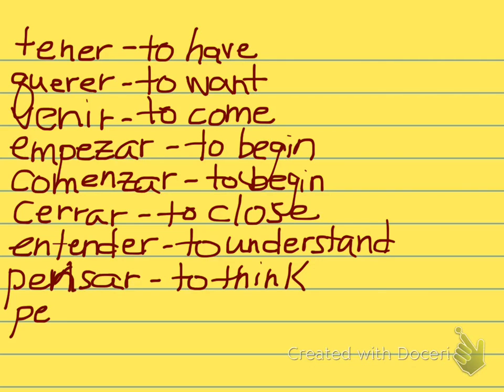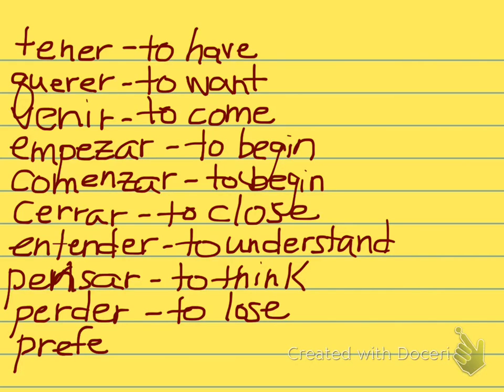Perder, to lose. Preferir, which is on your vocab sheet, to prefer. And then the last one, I'm not worried about that one. That's the list. So if you ever see these verbs in the real world, you need to know that they're E to IE stem changing. So I would suggest maybe memorizing this list so that you know how to conjugate it when you come across it.